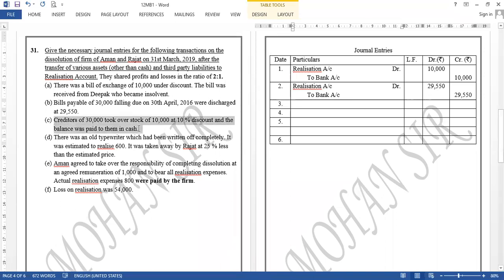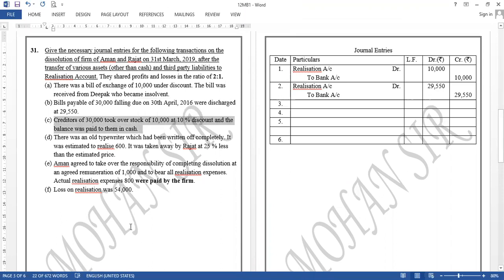Next, creditors of 30,000 took out stock of 10,000 at a discount of 10%, and the balance was paid to them in cash. Tell me what entry will you pass and what amount will be there.